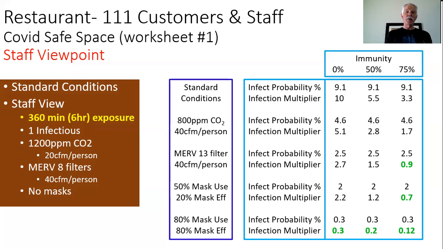And starting with the same standard conditions, the same 111 people, one who's infectious, 110 who are susceptible, we see that your chance of getting infected if you're there the whole time is now about 10% instead of 3%. So you have a much higher infection probability than your customers.